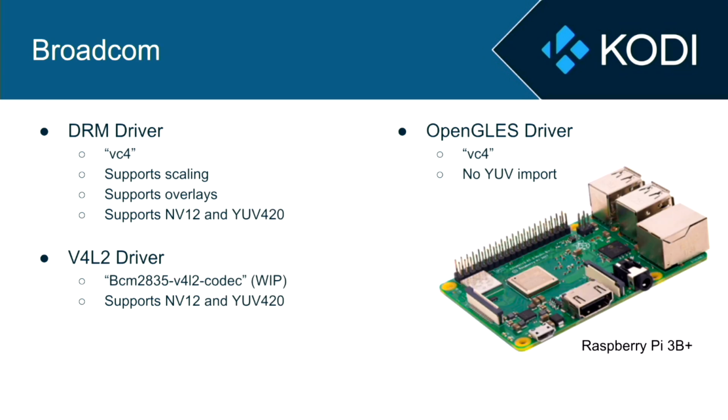And so Broadcom and Raspberry Pi, for those people that know it as that, same thing. There's actually a V4L2 driver that has emerged in the last, I think, 6 months or so, and it's working really well. Unfortunately, it's still in the Raspberry Pi kernel repository, so it's not mainline. I believe the author of it, who works at the Raspberry Pi Foundation, will be trying to get it upstream, which is really good.